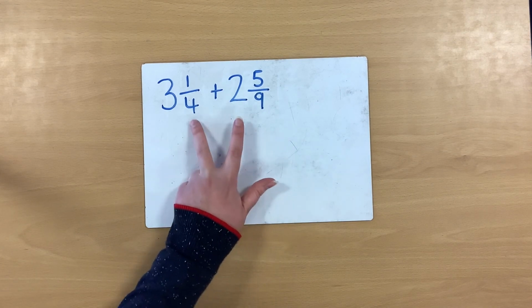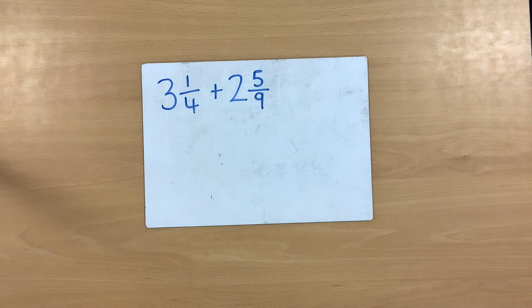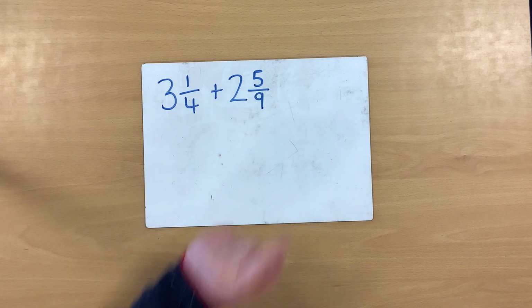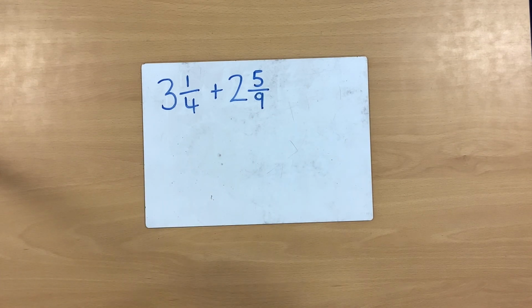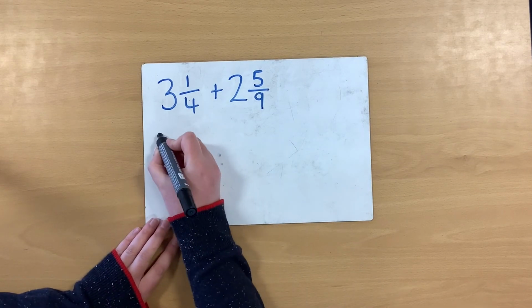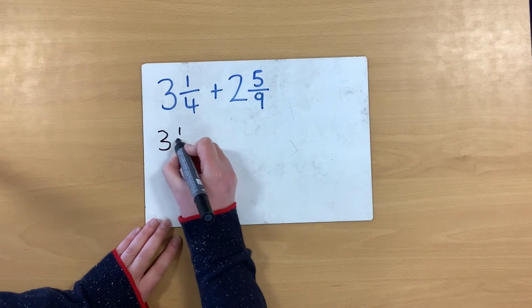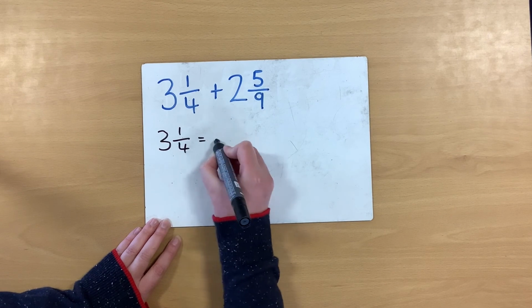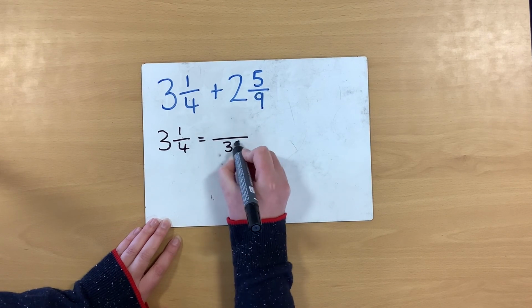At the moment, my denominators are 4 and 9. So I need to convert them so that the denominators are the same, and the way that I do that is by looking for the lowest common multiple. Thinking of 4 and 9, the lowest common multiple is 36. So I need to convert both fractions so that the denominator is 36.